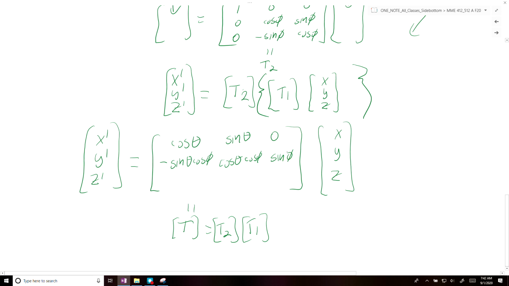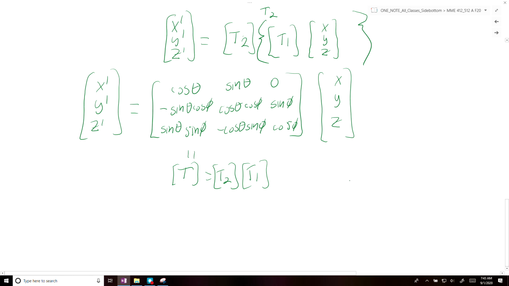The last row is sine theta sine phi, minus cosine theta sine phi, and cosine phi. So that's our global transformation matrix.